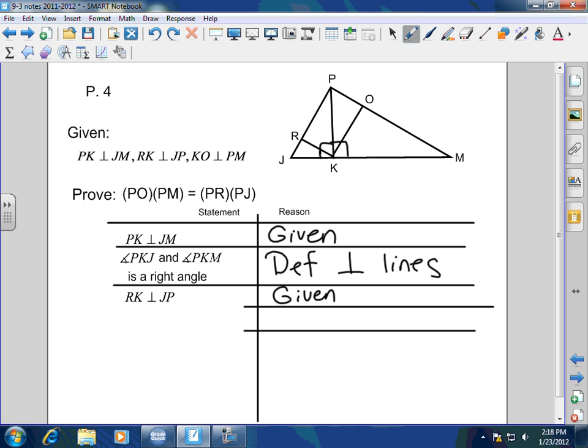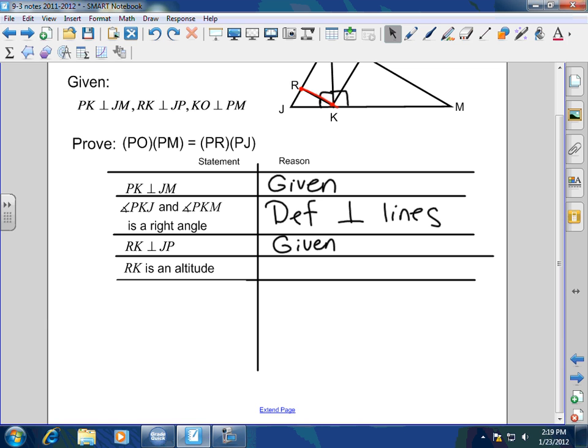I was always thinking, first define that KRP and KRJ are right angles because of the definition of perpendicular lines, but they don't need that. Is this RK? I'm going to label it here in red. Isn't this an altitude to the right triangle PKJ? So can't we now define that as an altitude? You with me? Now, why is it an altitude?